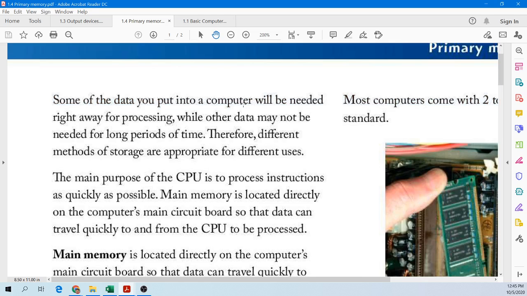Now, there are some data that you would need right away, so you need to access that data quickly. But then there are other data that we do not need quickly, that it may take a long period of time for us to be able to use. So, for example, say you created an assignment for social studies and you submitted that assignment.